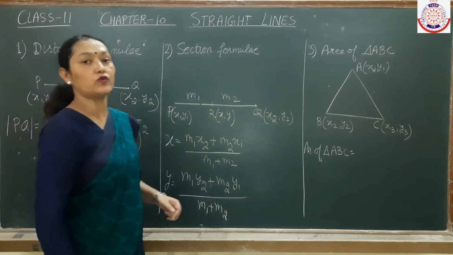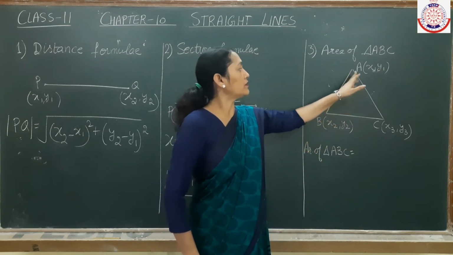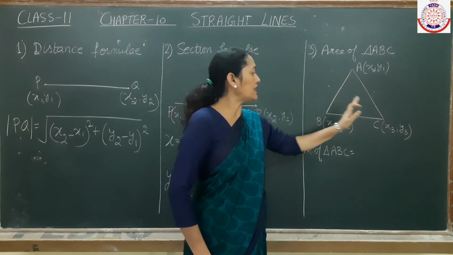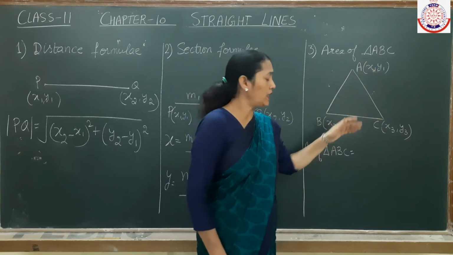You've also learned how to find the area of a triangle ABC with vertices A, B and C having coordinates x1, y1, x2, y2, x3, y3.